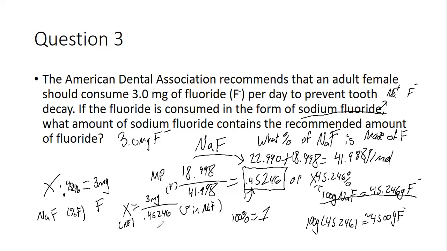And that should be 6.63 milligrams of sodium fluoride. So if you consume 6.63 milligrams of sodium fluoride, you have therefore consumed 3 milligrams of fluorine. So that's our challenge question for the day, using mass percentages.